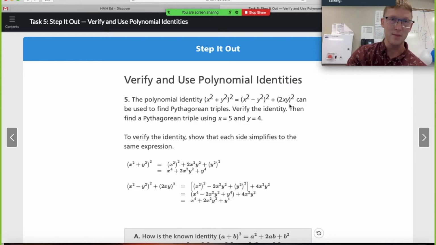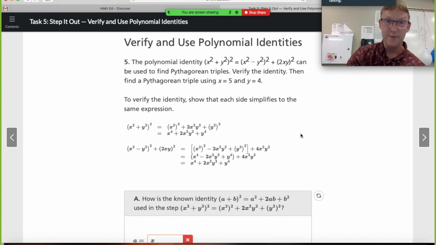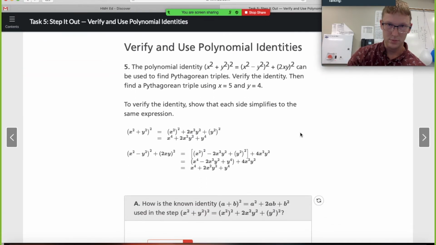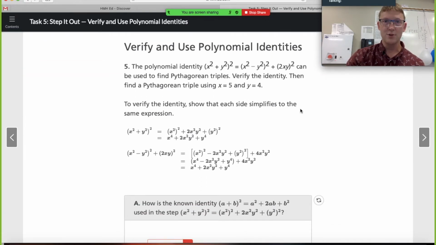Verify the identity, then find the Pythagorean triple using x equals 5, y equals 4. So we'll get to that. So to verify the identity, instead of trying to make one side look like the other side, we are basically going to just simplify both sides and hope that they're the same. They should be the same, but we're going to make sure of that.